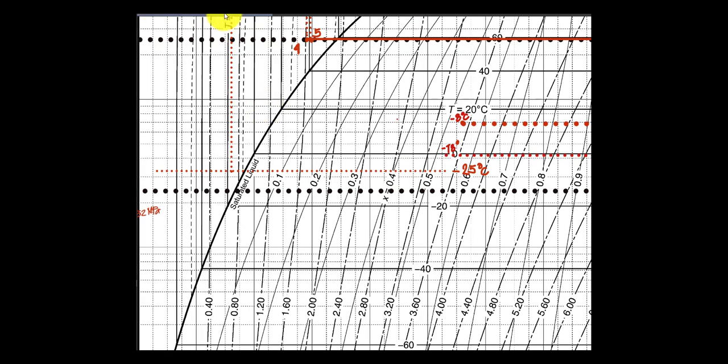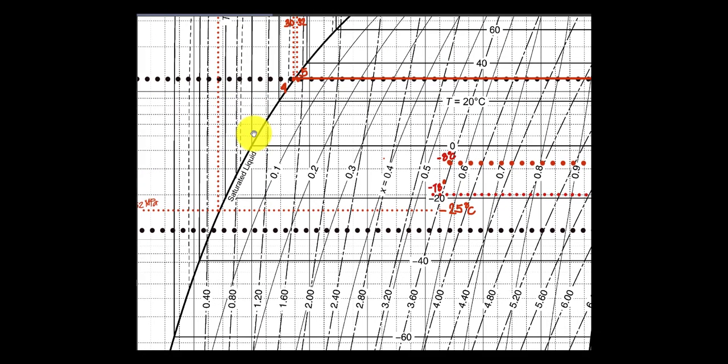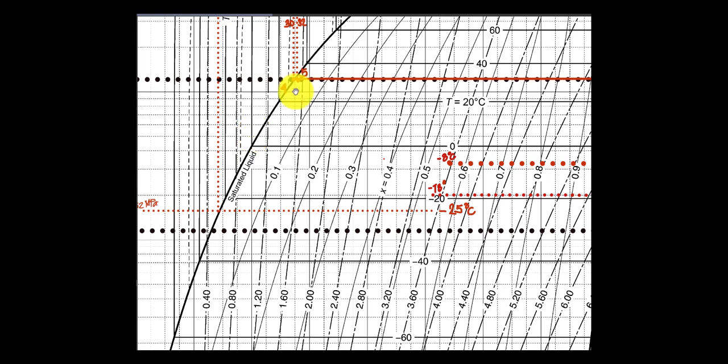So we can draw the line here, from 5 going down. So we have here the intersection, so this is now our point 6. This represents negative 25 degrees Celsius.